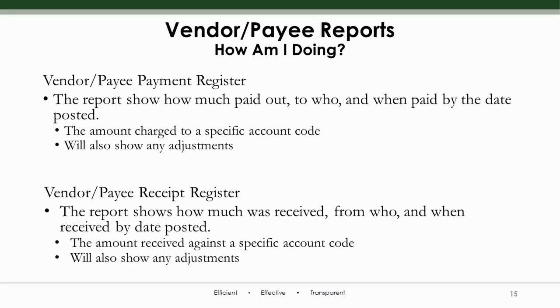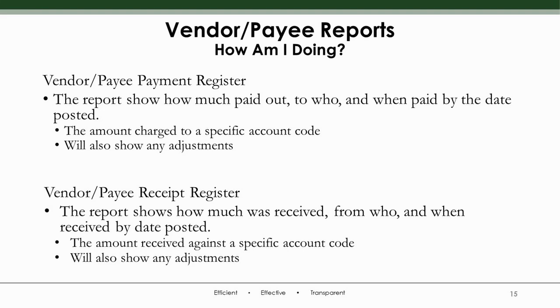Also, within the how am I doing position within the managing and controlling, we have the vendor payee payment register and the vendor payee receipt register. Now these reports show how much has been paid out to whom and when by the date posted, amount charged to a specific account code, and it will show any adjustments.